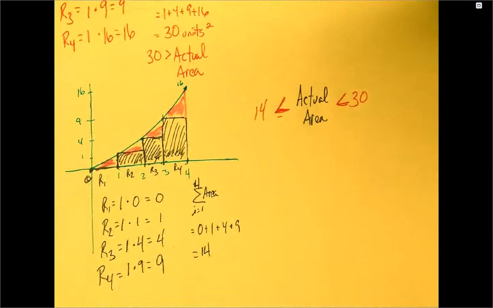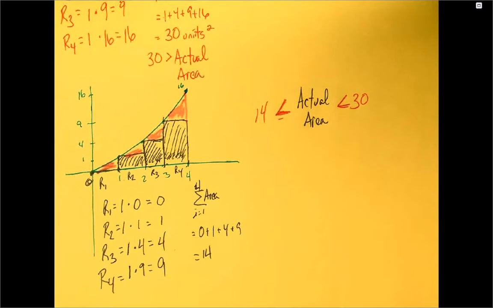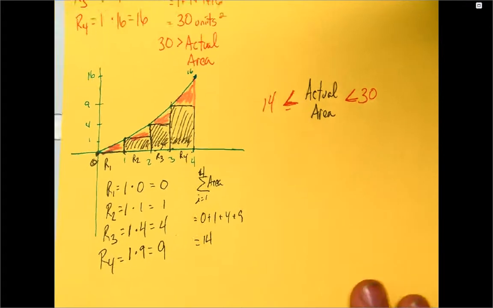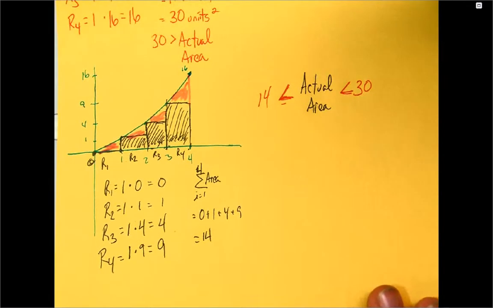There's a third way to do this. Do the midpoint. But first off, does that make sense how we came up with our left point and came up with all the rectangles? Yeah. Wouldn't 30 minus 14 equal the actual area? No. Well, maybe.